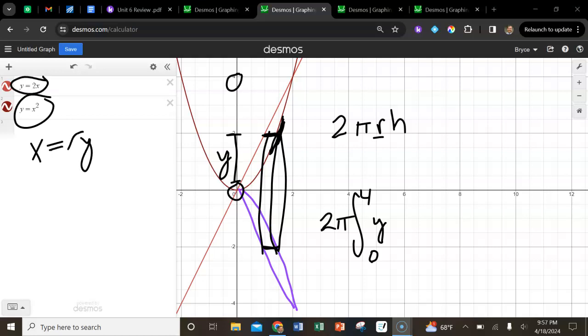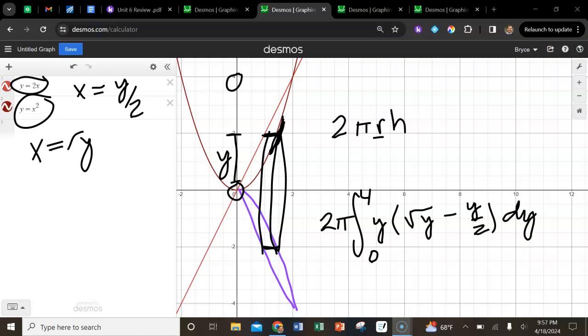And then I would also have to change this into x equals y divided by 2. So my height would be the right function, which would be the square root of y, minus the left function, which would be y over 2, and then dy. And that should give us the exact same region as what we just did using a disc or a washer.